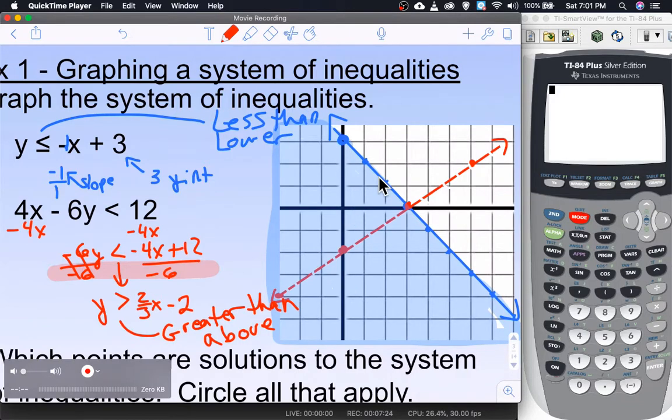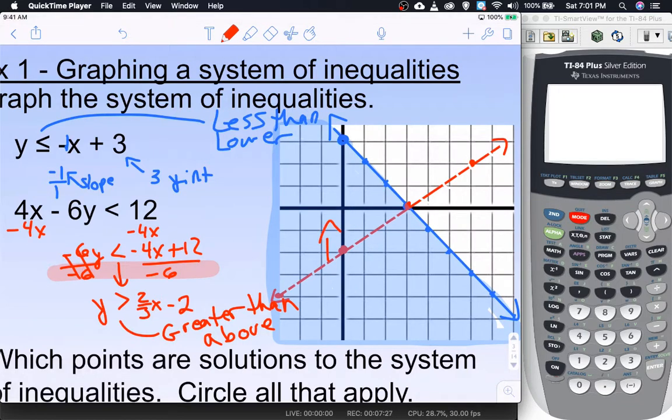So if I imagine going from my red line straight up, above it, that's the side I'd want to shade, because that's where the solutions of the red inequality are. They're everything above this line. Now we are pretty close to being done.